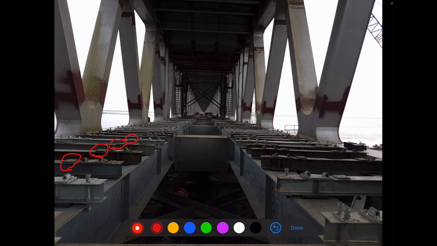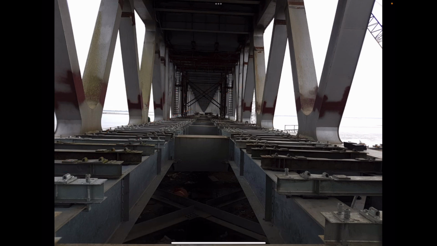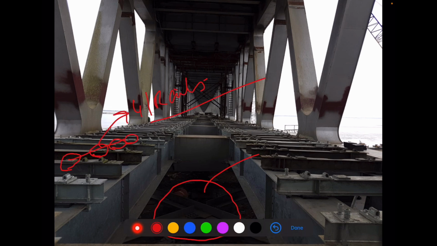As you have seen, guardrail is also provided on the bridges. So this is for fixing guardrails. Okay, let's see some more pictures. And yes, one more thing I have found here. This is bottom lateral bracing, which is visible over here.